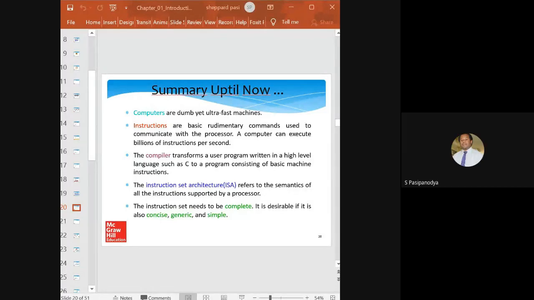So, for example, the ASCII value of H is 72. What is the binary value of H?